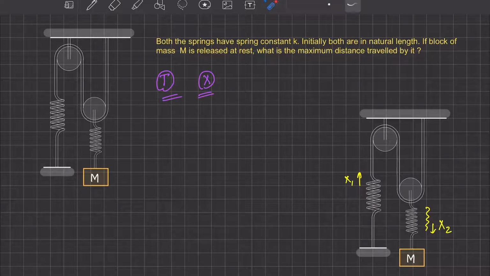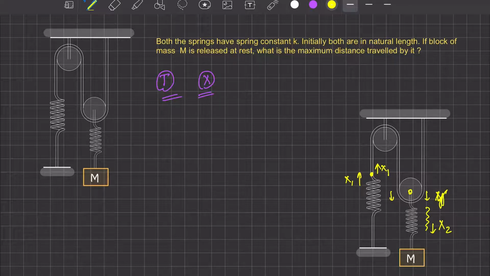Now how? For now, forget about this spring. How does this x1 distance affect the motion of M? Let's find out. So here this point will move up by x1. Let's say the pulley moves down by a value of y.